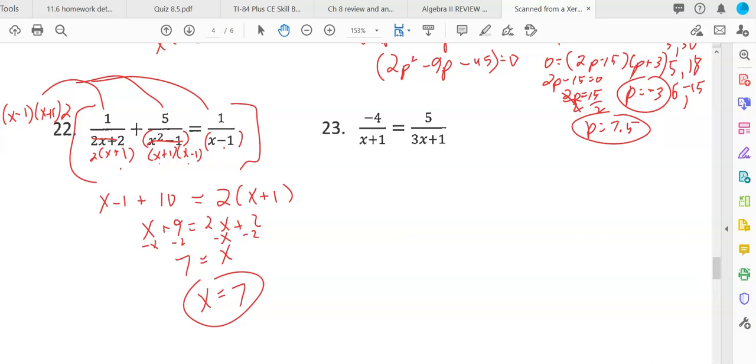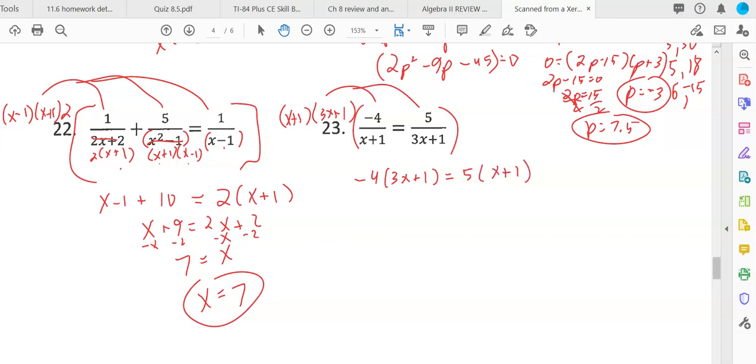This one looks like my LCD is just going to be x plus 1 times 3x plus 1. And distribute here, the x plus 1 is canceled, so negative 4 times 3x plus 1 equals 5 times x plus 1.